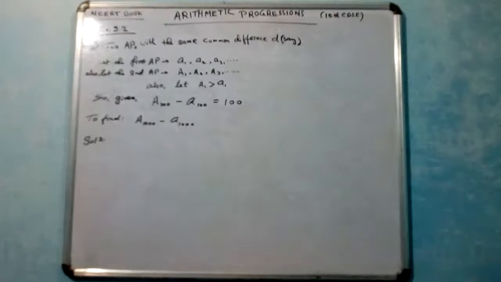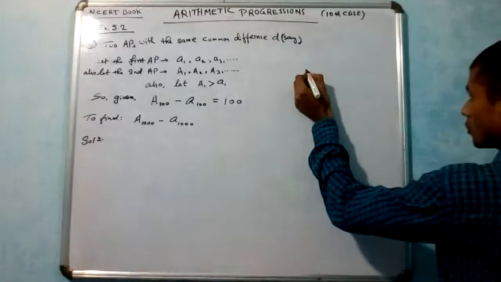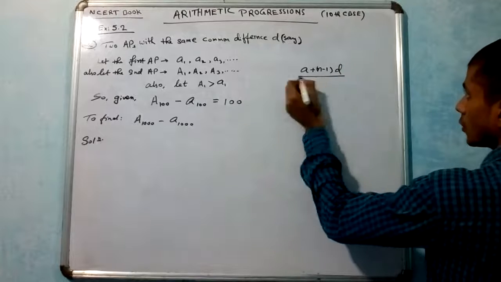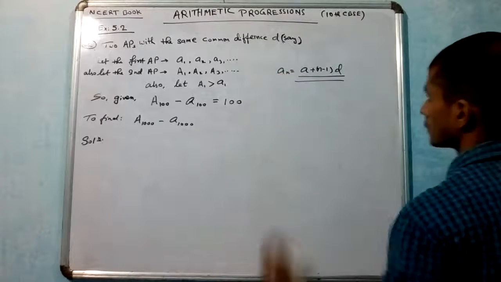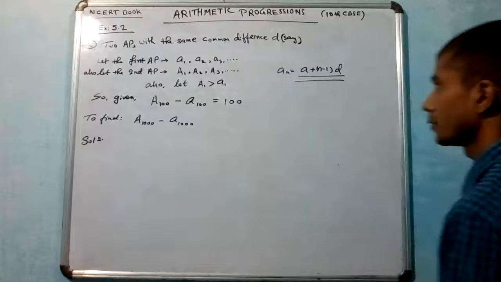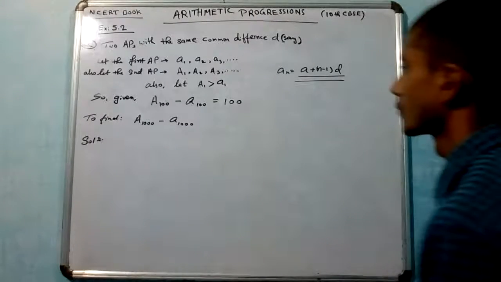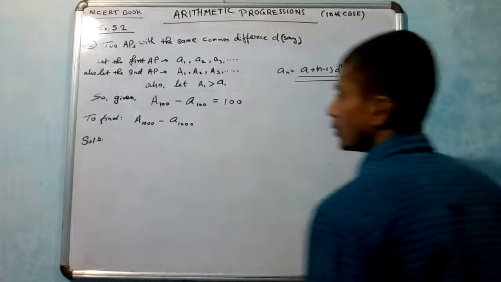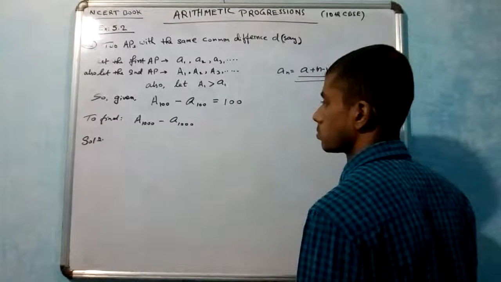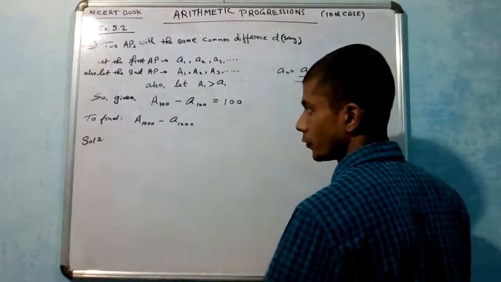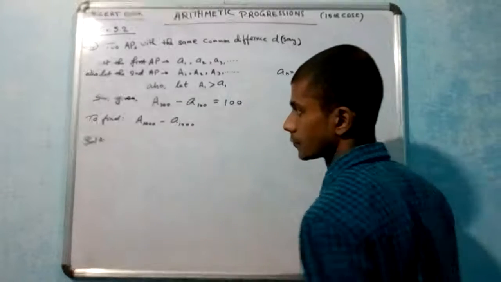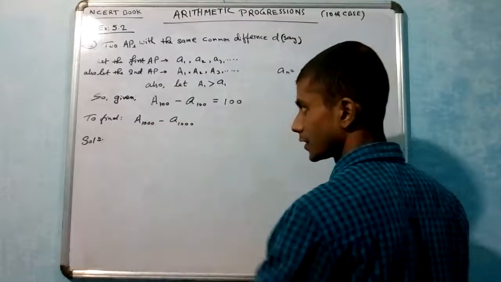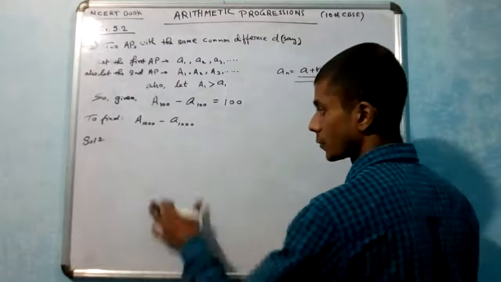We know from our formula an is equal to a plus n minus 1 into d, no? If you expand this, we need to find this only. So let us expand and check what is coming.